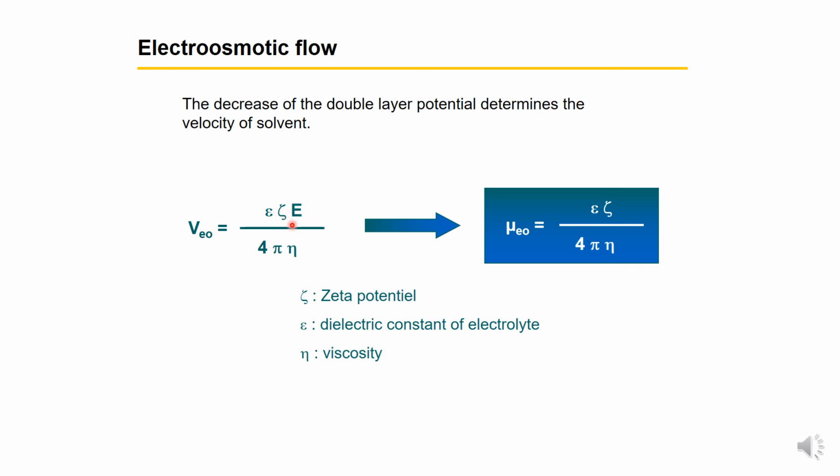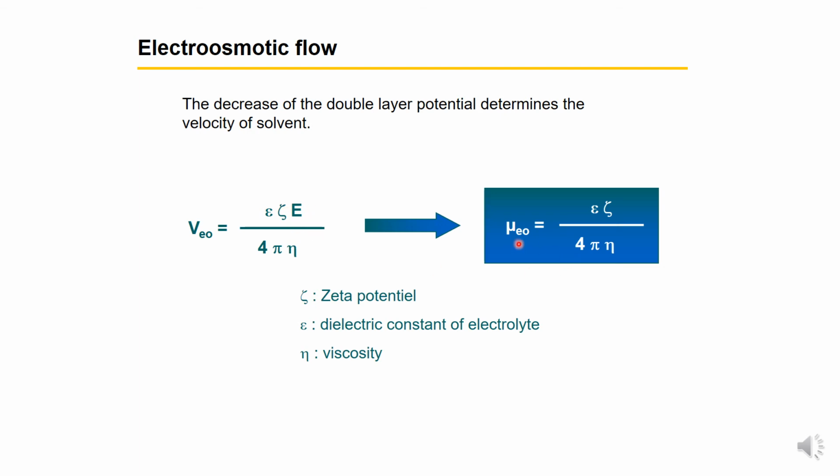And of course here you have the electrical field. And it depends, of course, on the viscosity, because that's quite normal. The viscosity of the system, of the solution, is very important. So the electroosmotic mobility is quite similar to the velocity, but without the electric field.